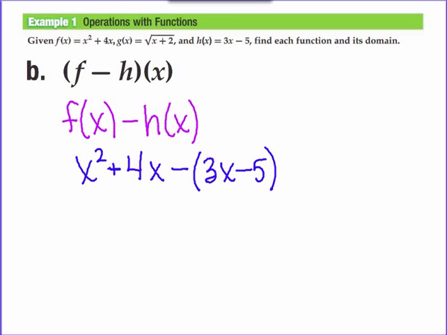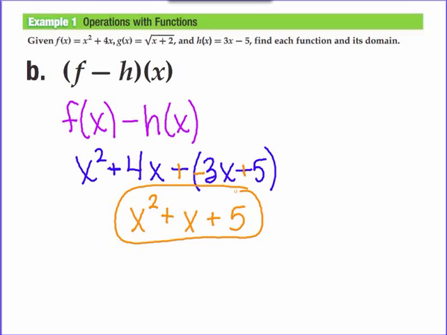You do need to simplify this before we go to your answer. Okay, so to simplify it, I'm going to distribute the negative, good. And I get x squared plus x plus 5.